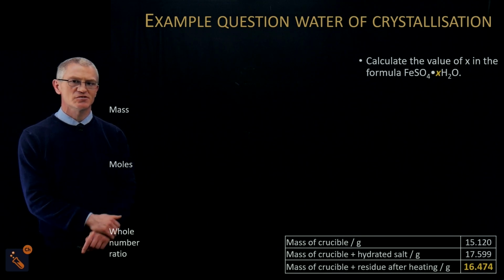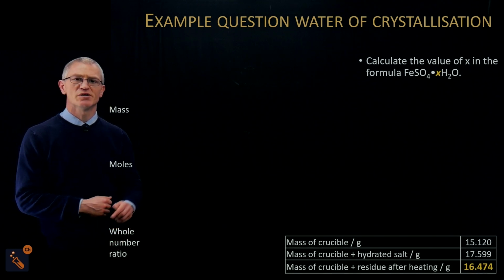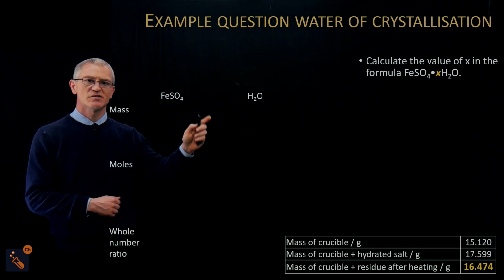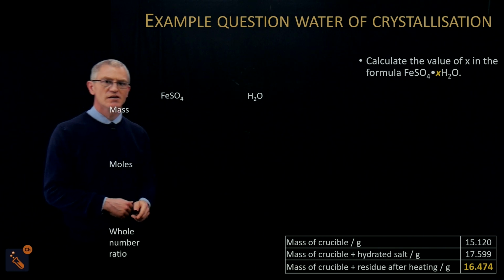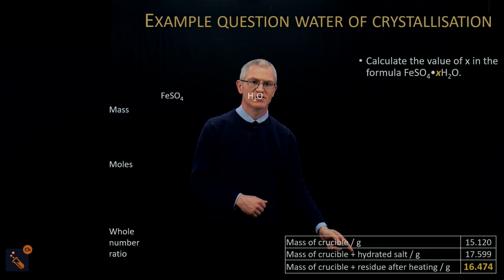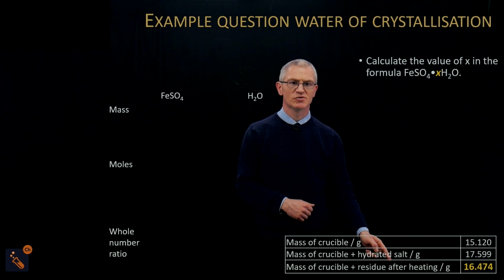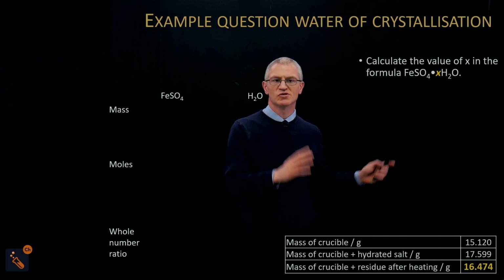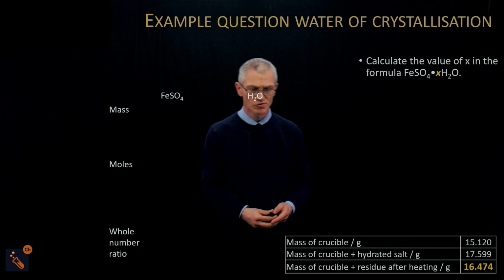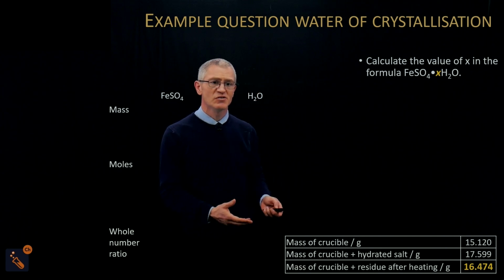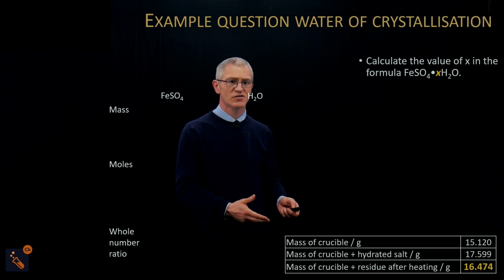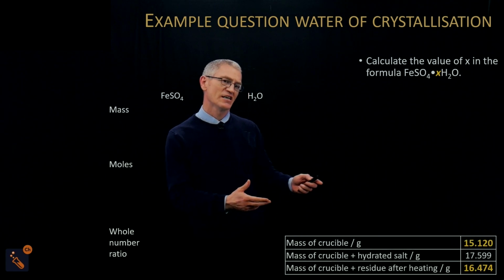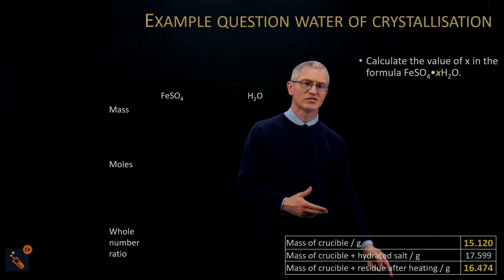So it's this x we want, and we want it of the individual parts, the FeSO4 and the H2O. Now, we've just highlighted down here our data, and you can see the mass of the crucible plus the residue after heating. We've worded it in that way because that's how they'll word it in the exam. That is the mass of the crucible plus the FeSO4 with all the water driven off. You've heated it, you've got rid of all of the water. So if we want to know how much FeSO4 there is, we need to take the mass of the crucible away from the mass of the crucible plus the residue.